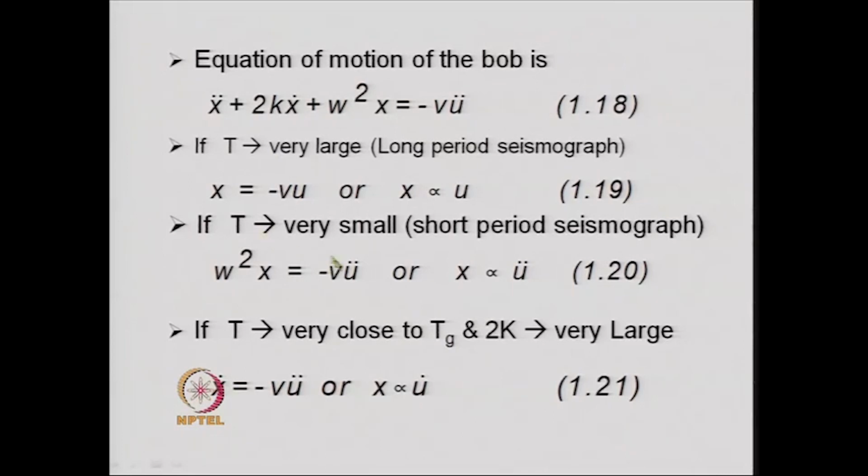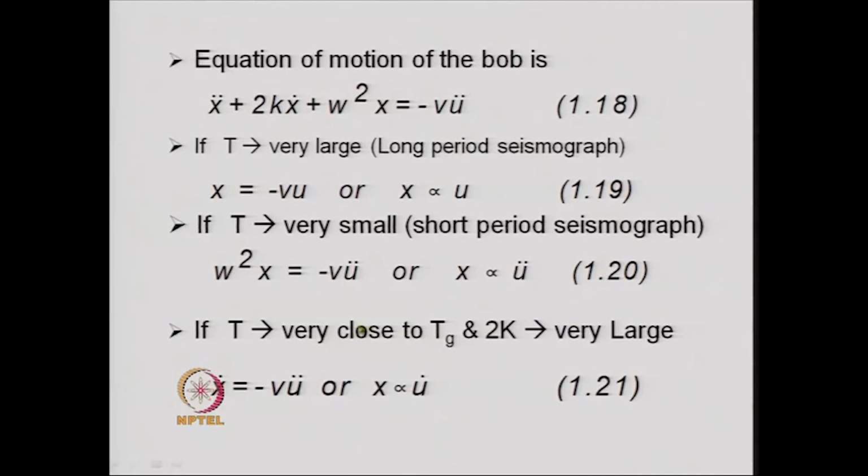So, this will straight away provide the measure of the ground displacement. If T is very small, then it is called a short period seismograph. In that case, the omega square x term predominates, and then the seismograph will record directly the ground acceleration.